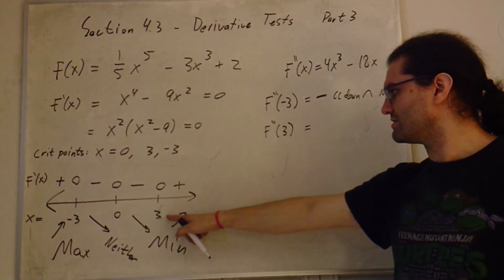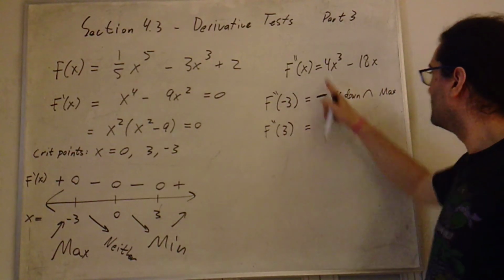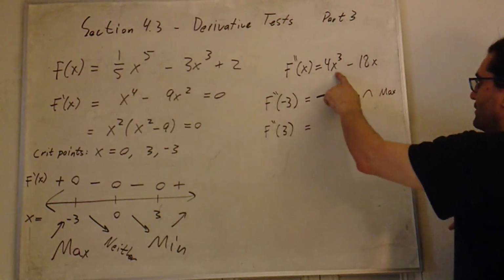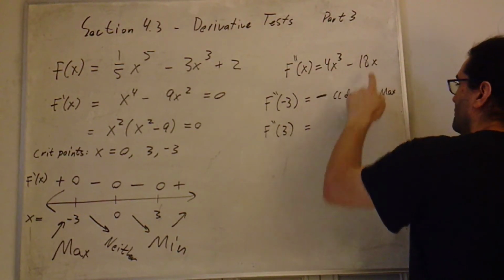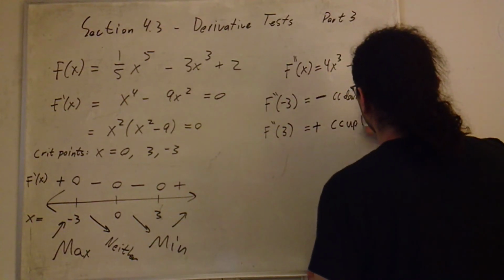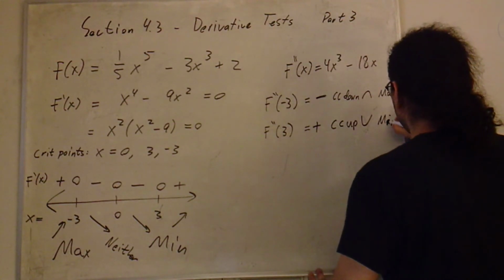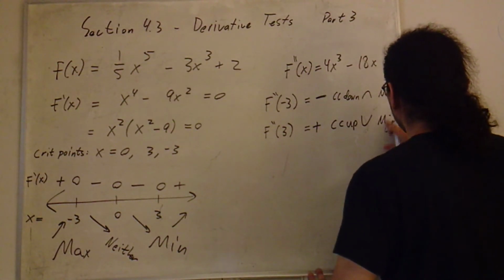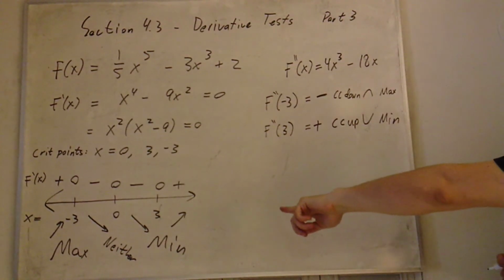F double prime of +3 is, let's see. Oh, I'm over here. +3 cubed is 27 times 4 is going to be a little over 100. Minus 80-ish is still very positive, so this is concave up, which means that we have a minimum, which again matches our first derivative test.